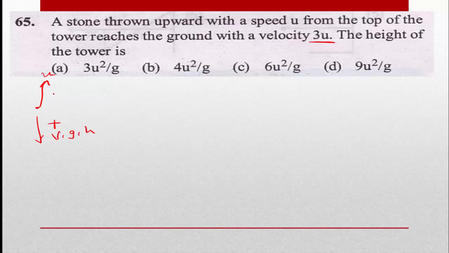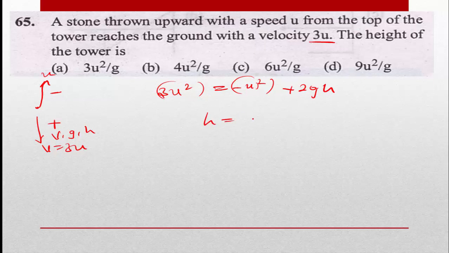Here the acceleration due to gravity value is positive, here the acceleration due to gravity value is negative. When the stone rises up till its vertical velocity is 0, and again it reaches the top of the tower with the speed u downward, the speed of that stone at the base is v equal to 3u. Therefore v square is equal to 3u square. 3u square minus u square. v square is equal to u square plus 2gh.